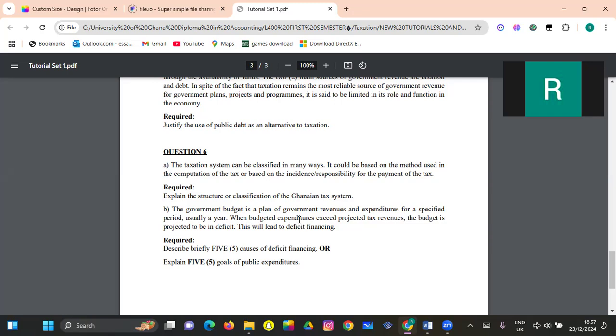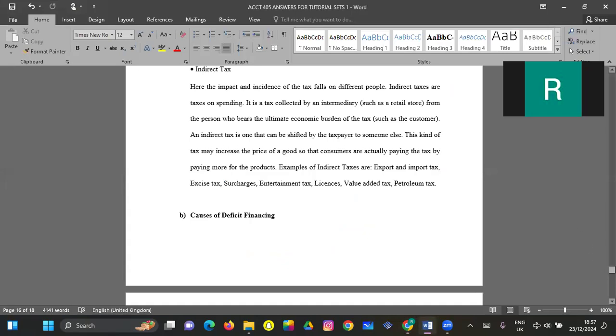So they've even explained what this is. They are telling you to describe briefly the causes of budget deficits. For the goals of public expenditure, we've spoken about it up there, right? And also for causes of budget deficits, we've also spoken about it briefly, but let's talk about it.